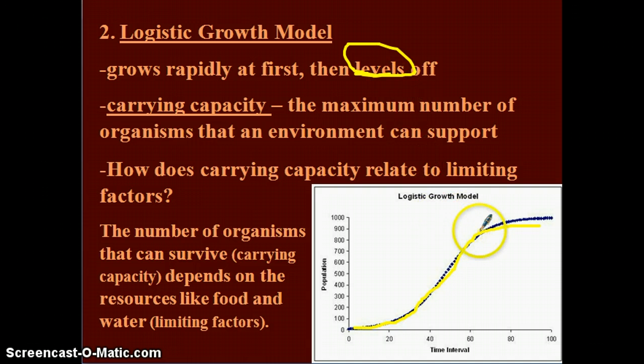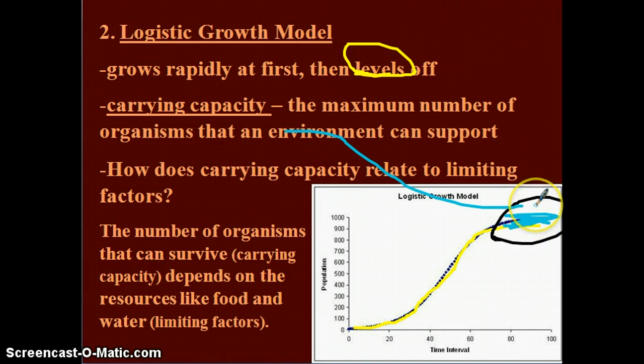Because when it levels off, this area over here, where it is leveling off, this is referred to as the carrying capacity, the maximum number that it can sustain. So right here, this is the maximum level that the environment can sustain.